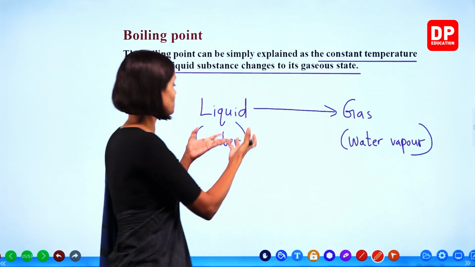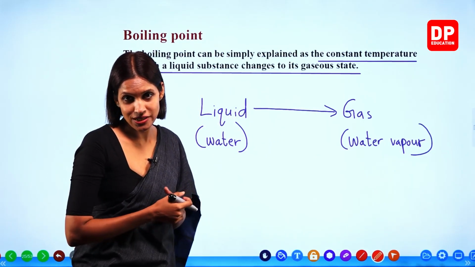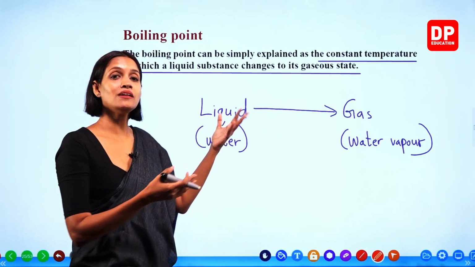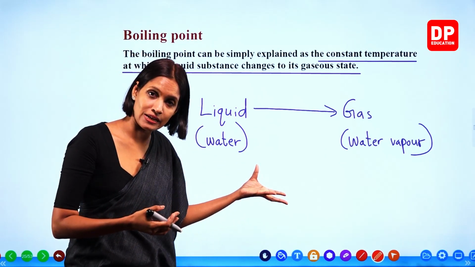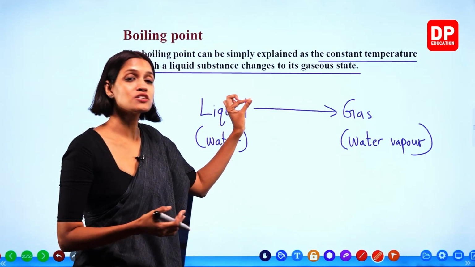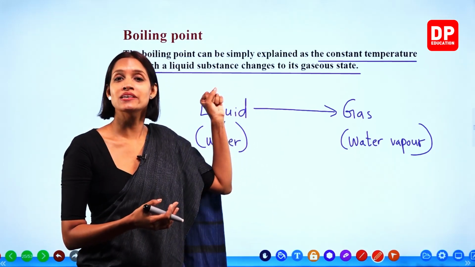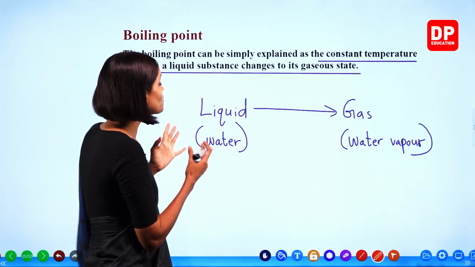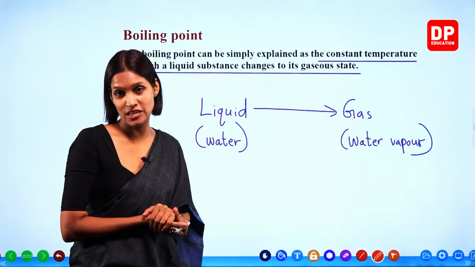We have to heat up the liquid water. Then what happens? Liquid water absorbs heat and at one point it starts boiling. The moment it starts boiling, this temperature is known as the boiling point of water. Here also change of state takes place.